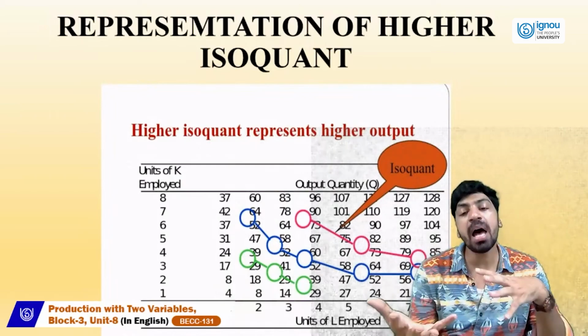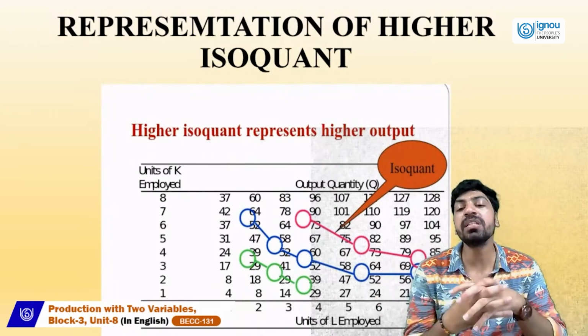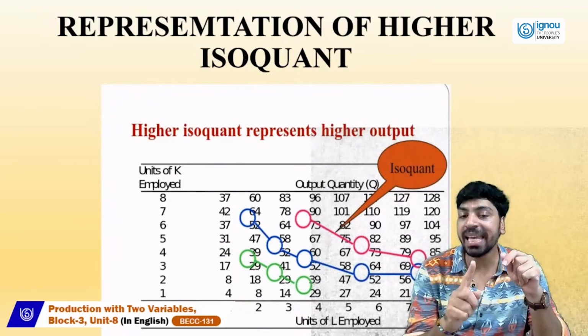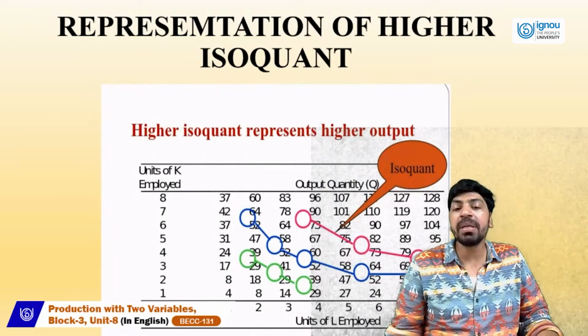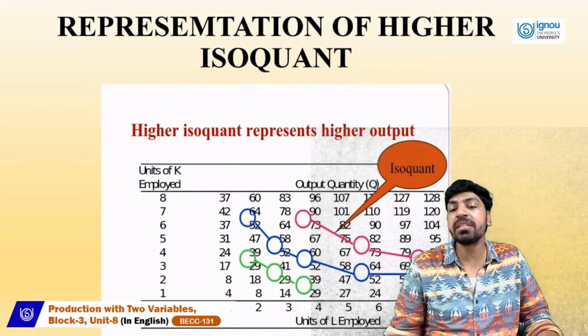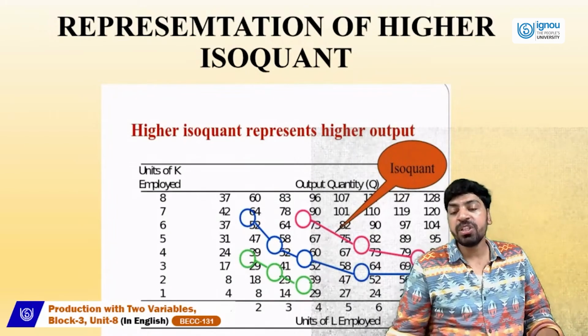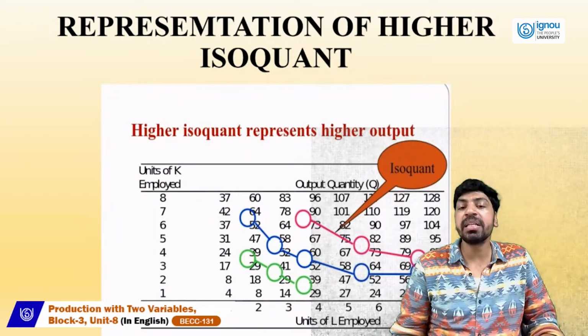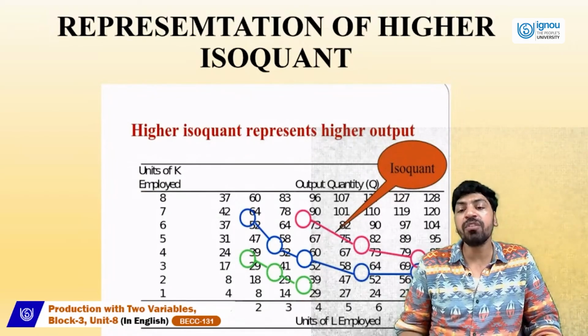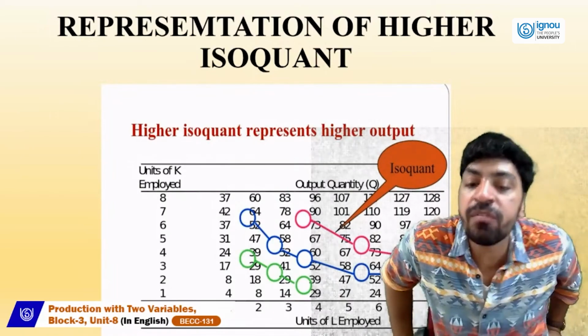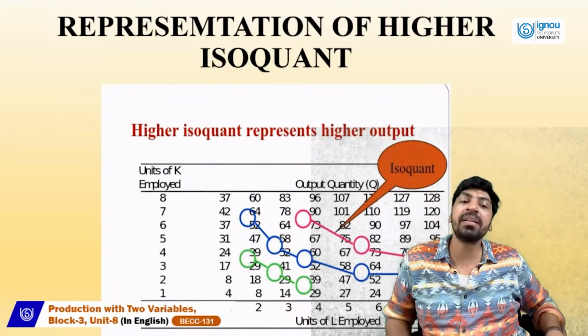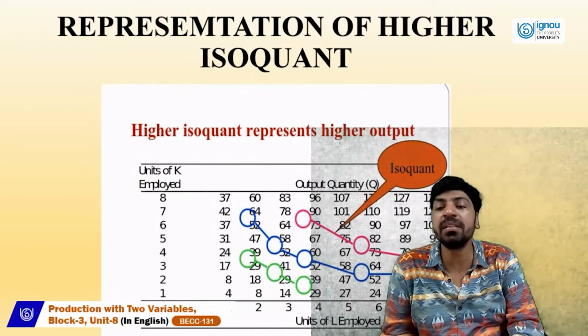So when we talk about the second curve, the blue line, by combining the two inputs, labor and capital, we get 52 units of output. It is the same level of output at each combination: 52, 52, 52, and again 52 at the last, with 8 units of labor and 8 units of capital.